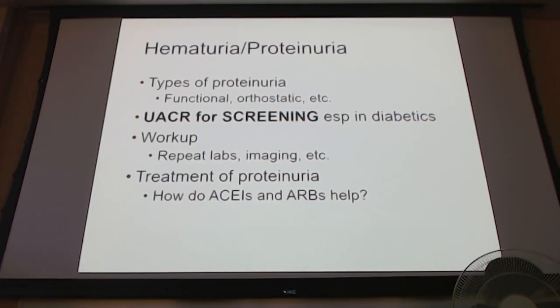We've talked about ACEs and ARBs in the treatment of proteinuria. We've also talked about possible complications from ACEs and ARBs being given to patients with renal disease. Keep those in mind.